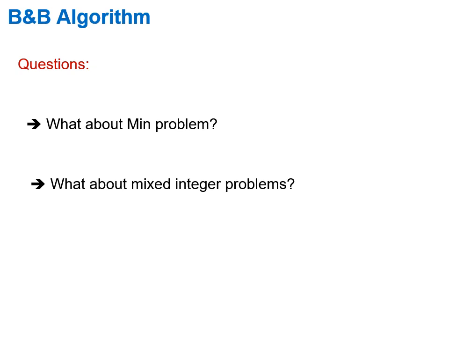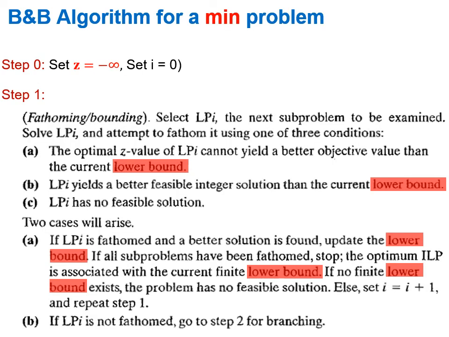What about a minimization problem? This is the algorithm for a minimization problem. Exactly the same algorithm, but there are a few differences. First of all, the red highlighted ones are the differences from the previous one. So the first difference is this.